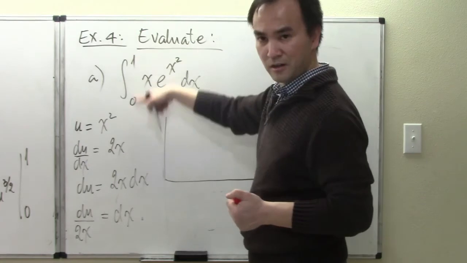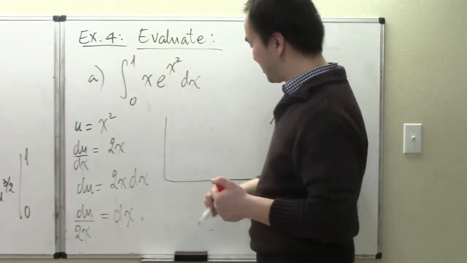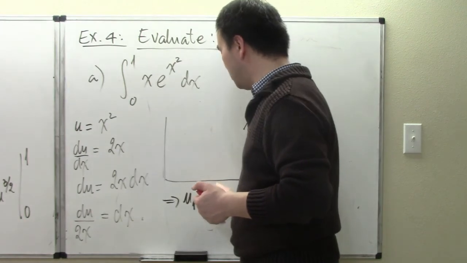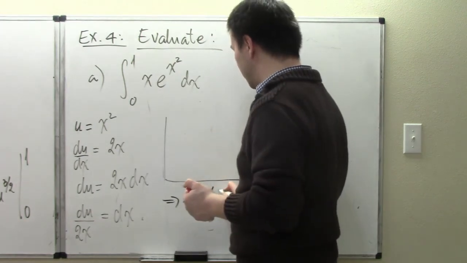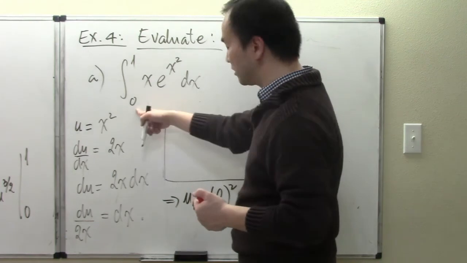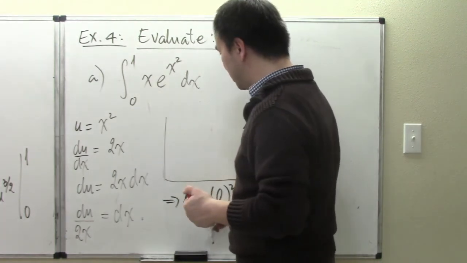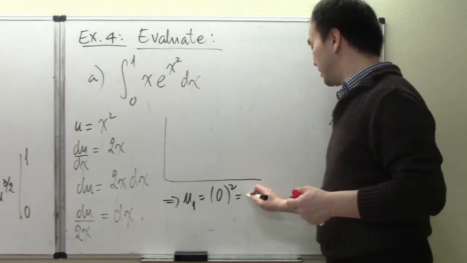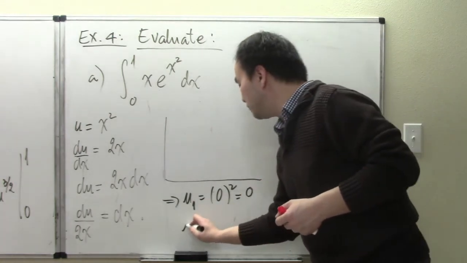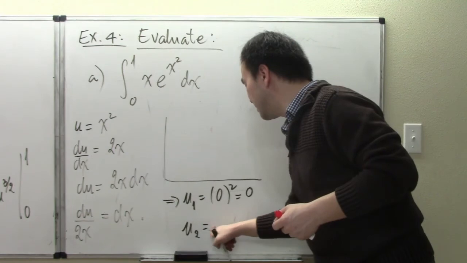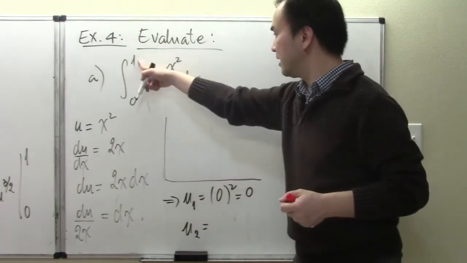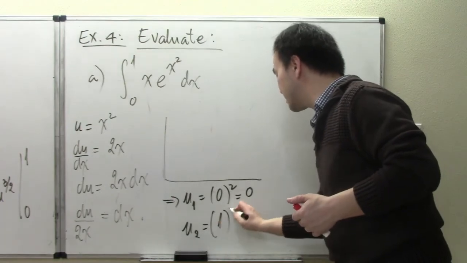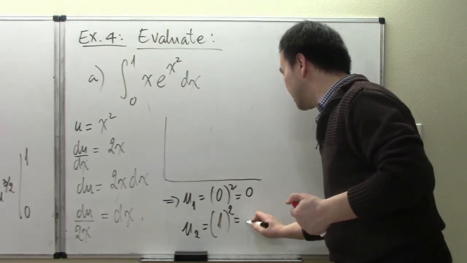Nope, not these two limits this time. And so I'm going to have to say, how about u1, which is the low value for u? I'm going to go with 0 squared, because 0 was the lower limit for x, now substituted into the substitution expression. Then that's 0 squared, so my u1 is 0. The u2 value is the upper limit for the u variable. So 1 substituted into this gives me 1 squared, and that will equal 1 as well.